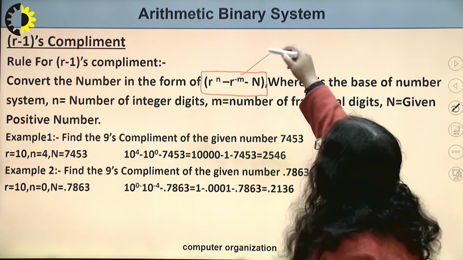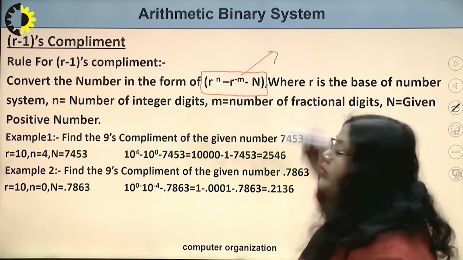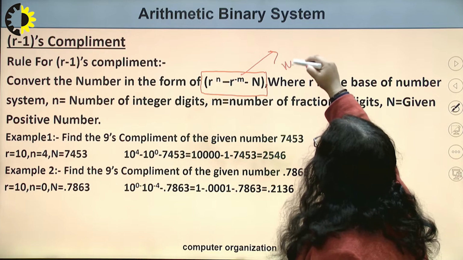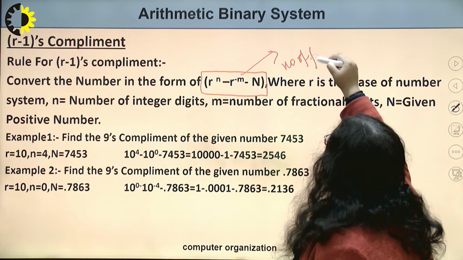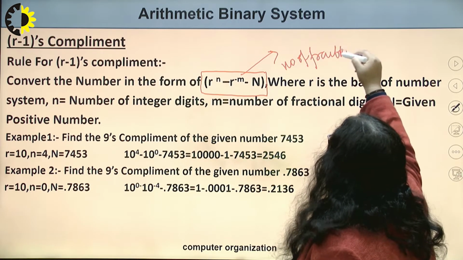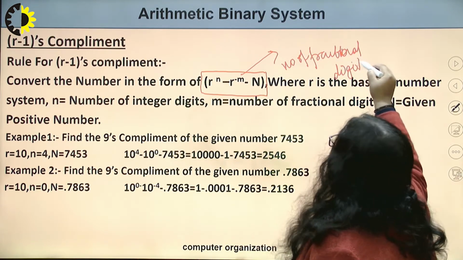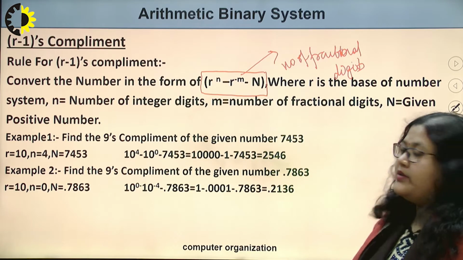This is the difference between R's and R minus 1's complement, and n and m are positive numbers.